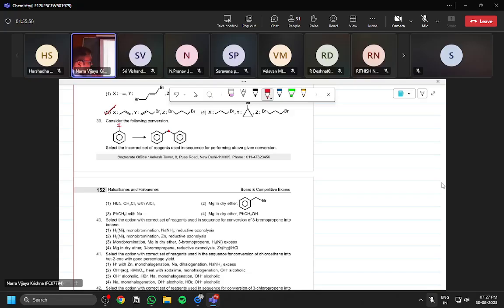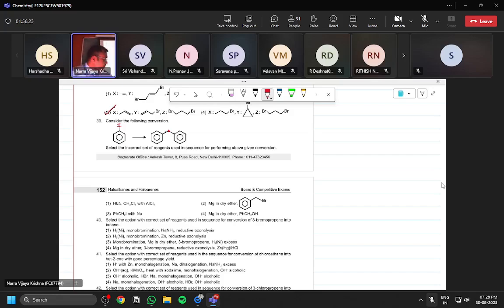Then how do we have to do it? I am using hydrogen iodide on heating. If I heat it with HI, what happens? I2 is eliminated, you will get benzene. That's why I have to use an oxidizing agent, so that the reaction will not go back. So definitely not option 1.